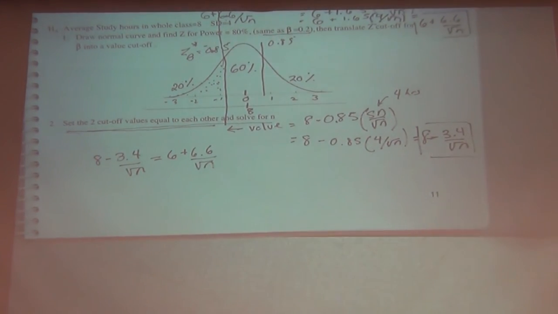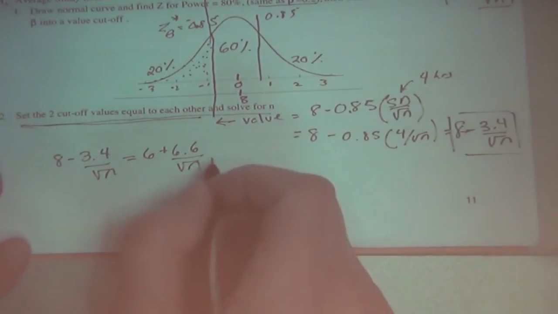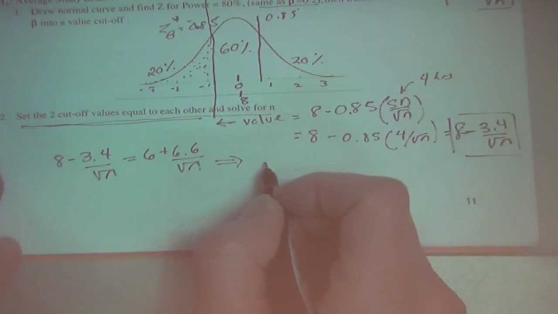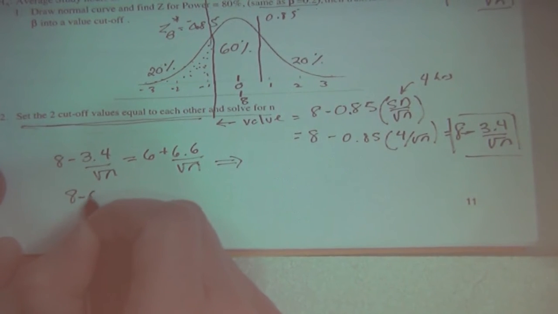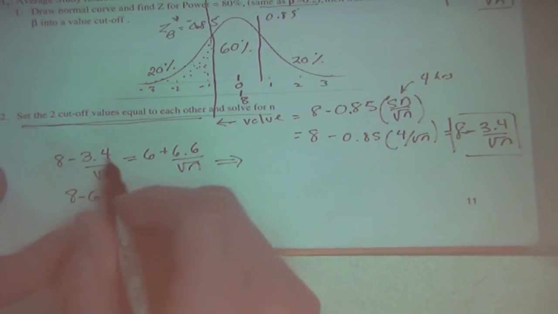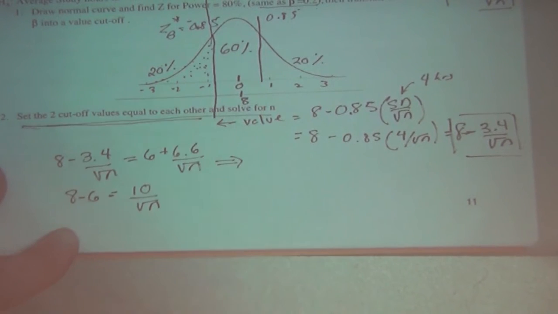Okay, does that make sense to everybody? So what do we get when we do that? 8 minus 6 is equal to 6.6 plus 3.4, which is 10 over the square root of n, right?